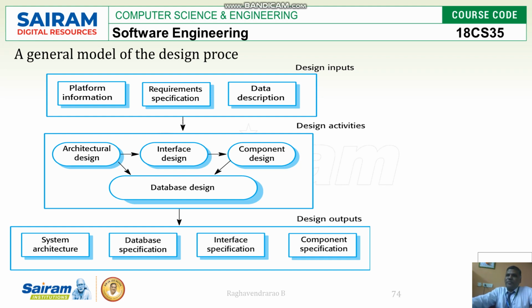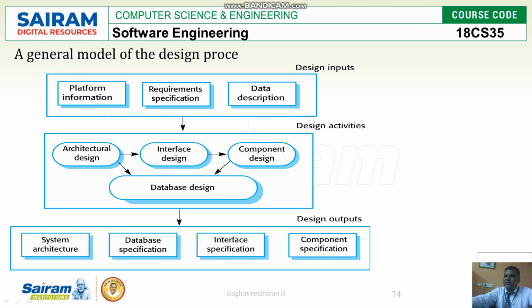Then the outputs are the system architecture, database specification, interface specification, and component specification. It means there is one architecture with complete data, so from top to bottom all the information is present in the system architecture. The database is a separate wing that gets integrated with the application.